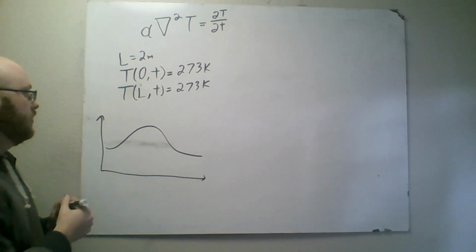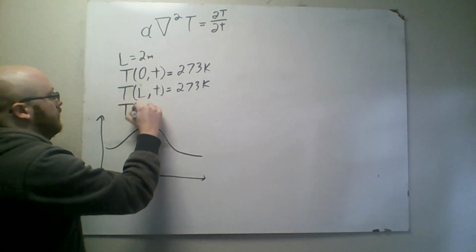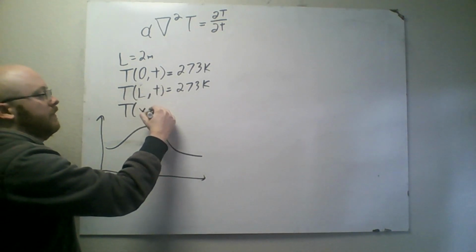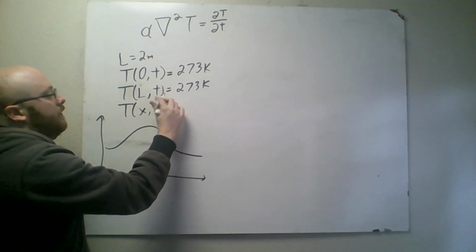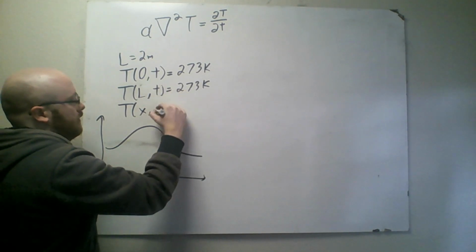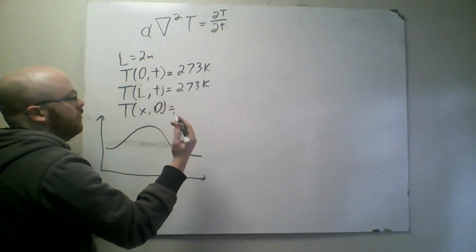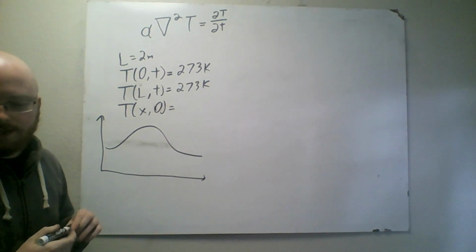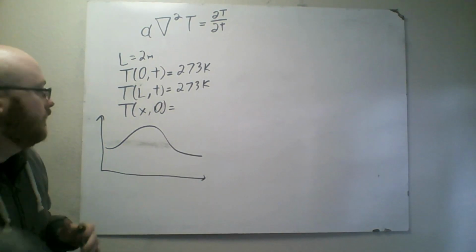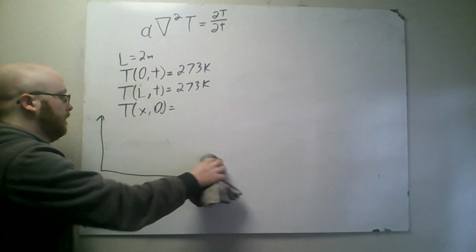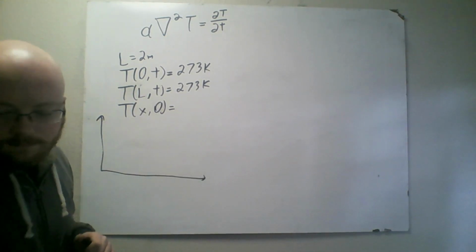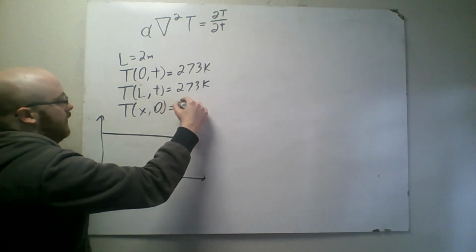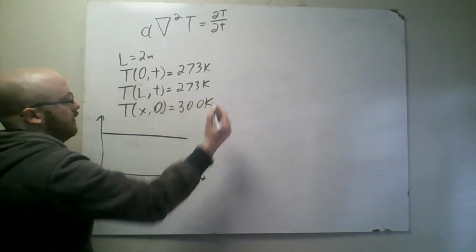Well, we say the temperature throughout the bar, so we leave x to be whatever, at time t equals 0 is equal to some function. In this case, I'm just going to say we heat up the bar uniformly, so it's a constant temperature of, say, 300 Kelvin.